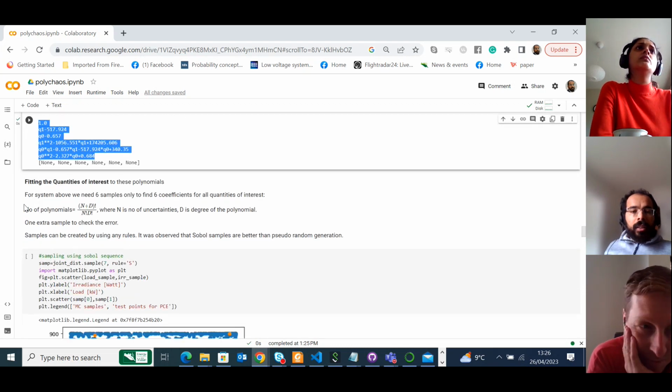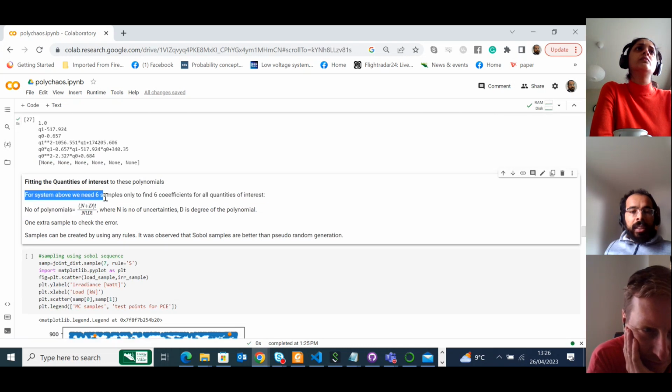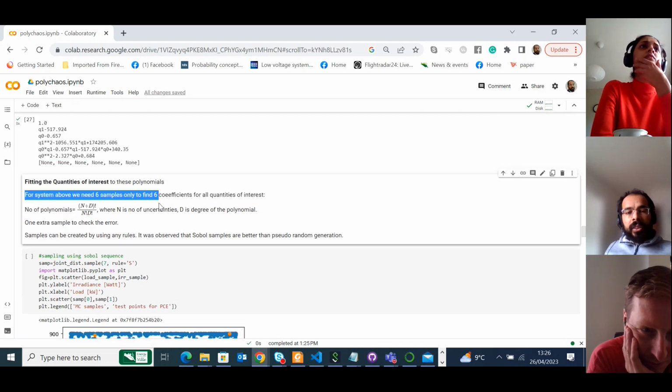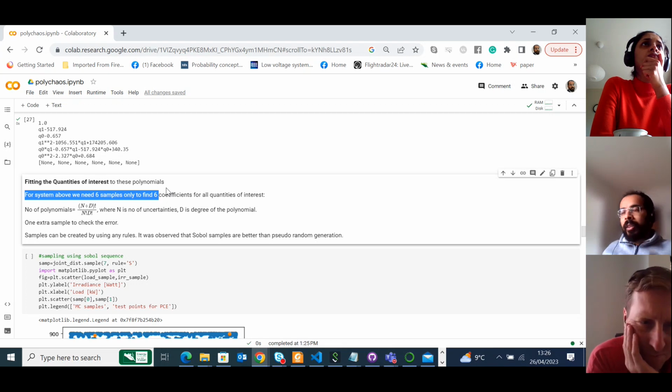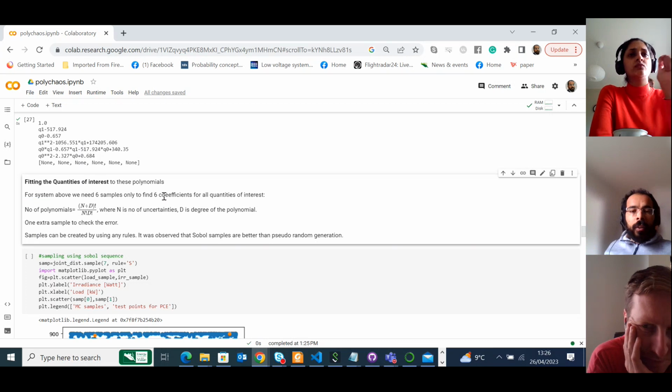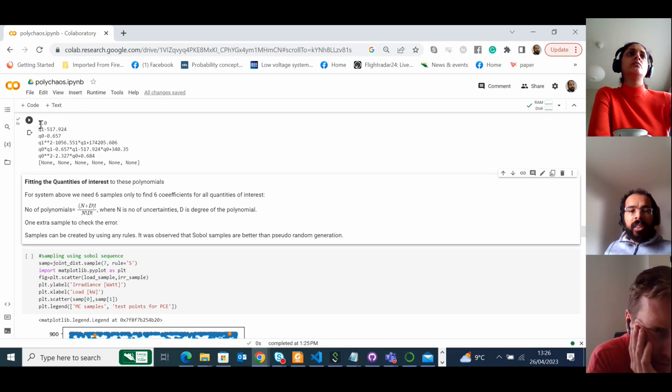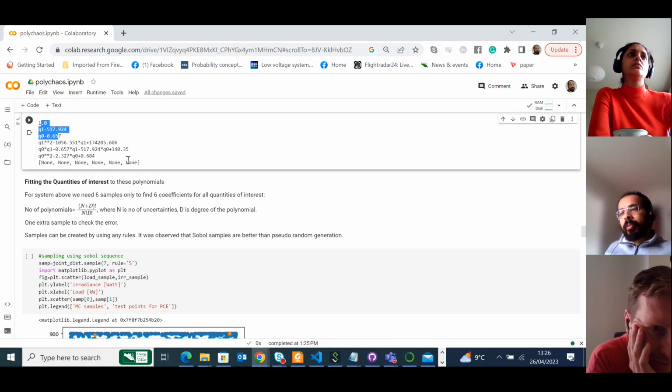For the system, we need 6 samples to find 6 coefficients. So we are trying to find the polynomial which represents our quantity of interest, let's say. For that, we have 6 polynomial bases, so we need 6 coefficients.